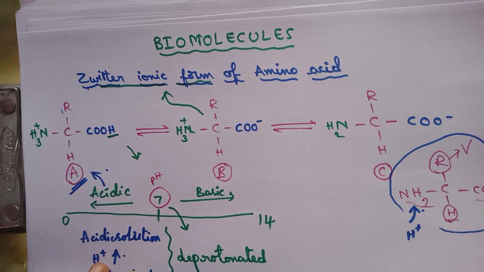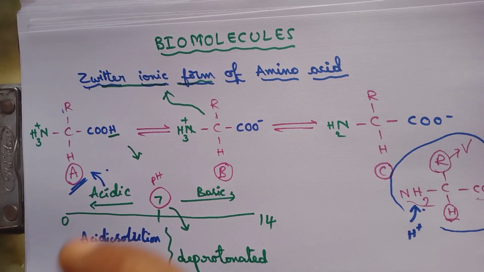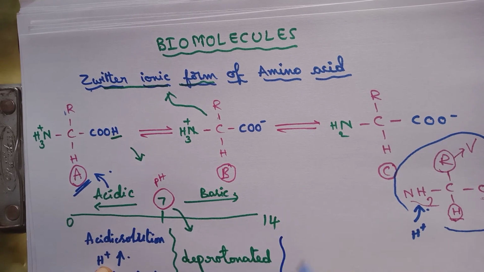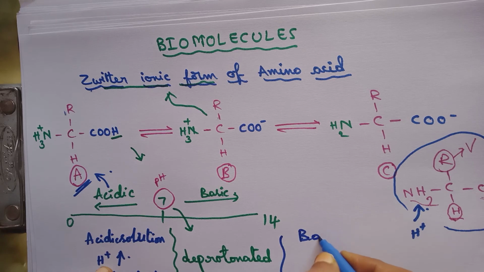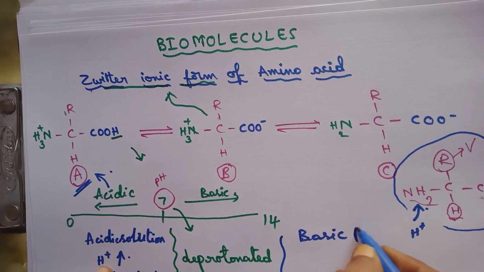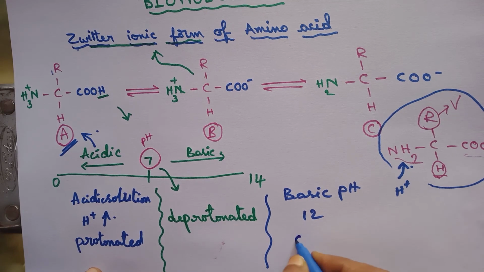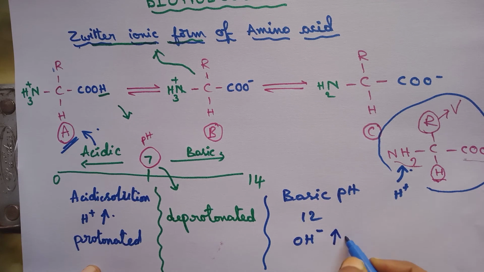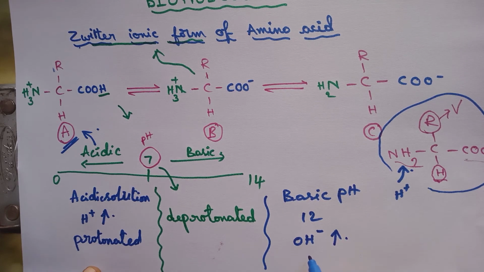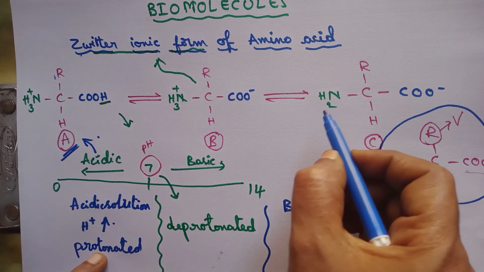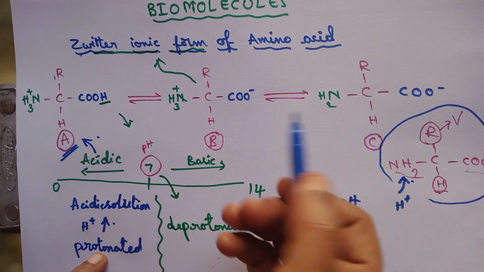Right? Now coming to basic pH. When the amino acid is present in a solution with basic pH, let's say the pH of the solution is 12. In this case what happens? OH minus ions are more in this solution than H plus ions, and hence to neutralize these OH minus ions, some more protons are released from the amino acid.